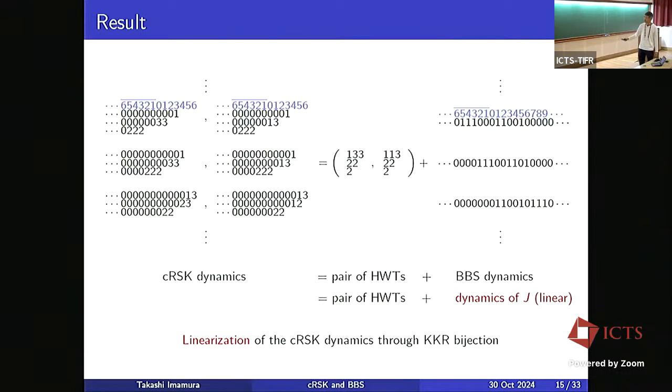This means that the dynamics of J is completely linear, so the column RSK dynamics is linearized through the KKR bijection. This is the main point of our talk. And the bijection which I explained in the previous slide follows as a corollary.